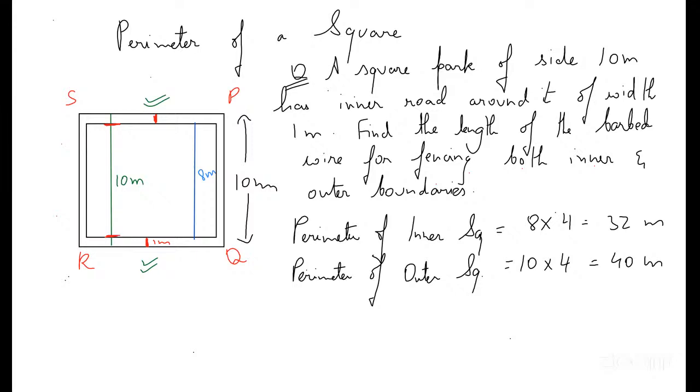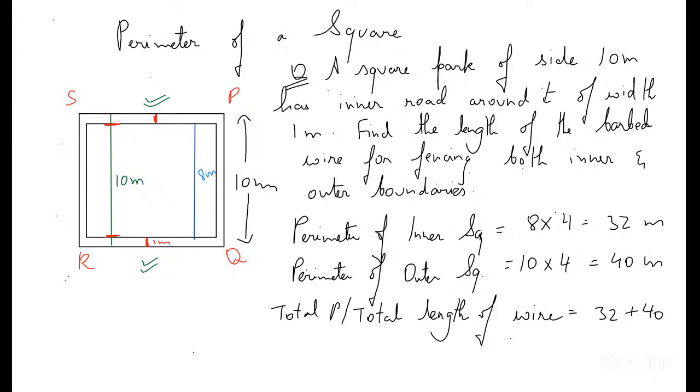So total perimeter, or total length of wire, is 32 plus 40, which is 72 meter.